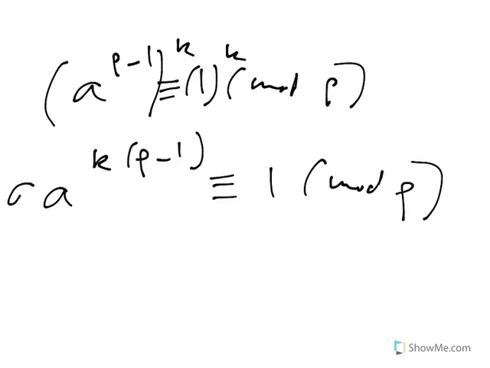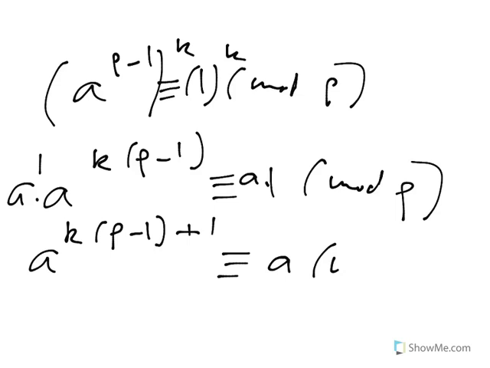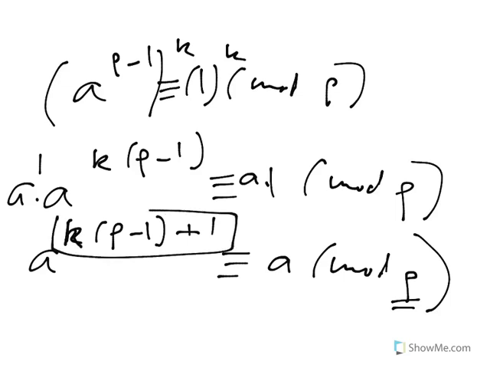And then if I multiply both sides by a, you add these two exponents, so you get the plus 1 there. So here it's written out in this form. For any prime number, this is going to be true as long as the exponent is p minus 1 times some other integer plus 1.